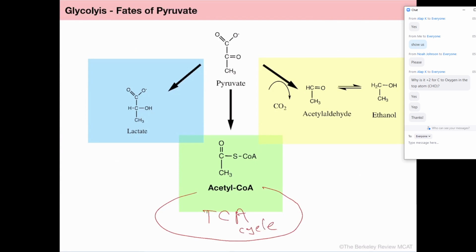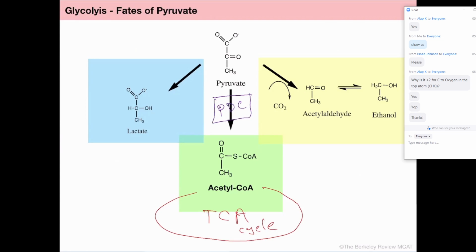And there's an enzyme here, or a complex of enzymes, that goes from pyruvate down to acetyl-CoA called the pyruvate dehydrogenase complex, PDC. Okay. And essentially what that does is it does exactly what it says.